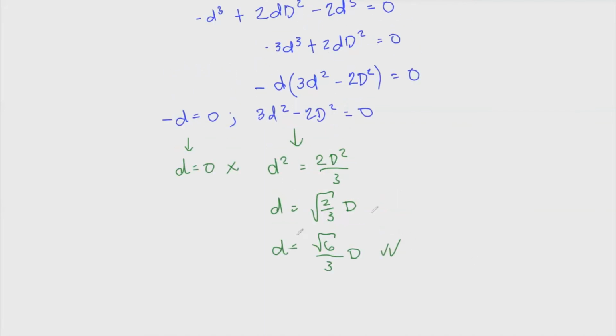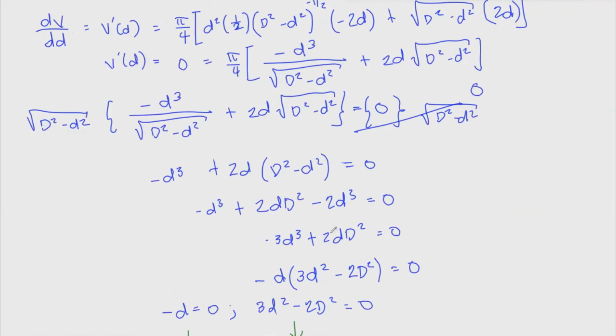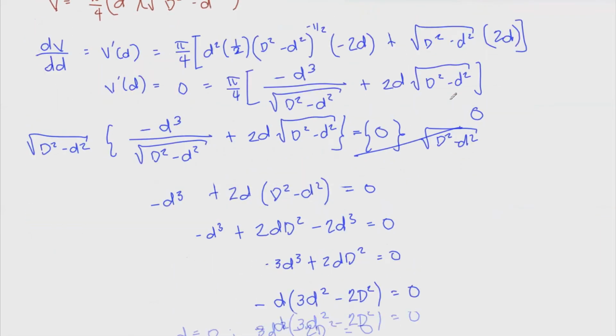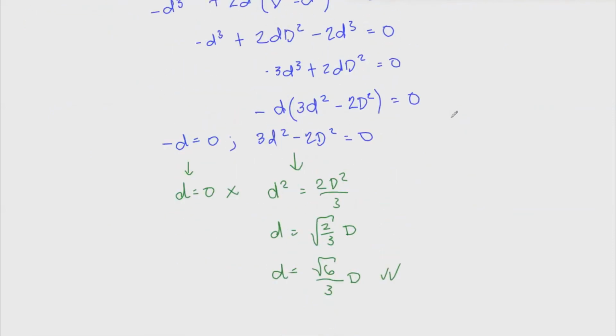Okay, so knowing this dimension, we can go back to the expression of h, which is this one, and then we can now determine the other dimension. So in this case, we have the height of the cylinder that is equal to the square root of d squared minus d squared. And then plugging in those values, we have d squared capital, and then this d squared, from this expression, we could just write this as negative 2/3 d squared.